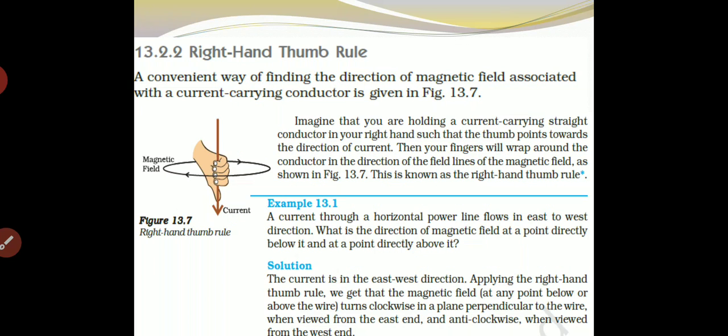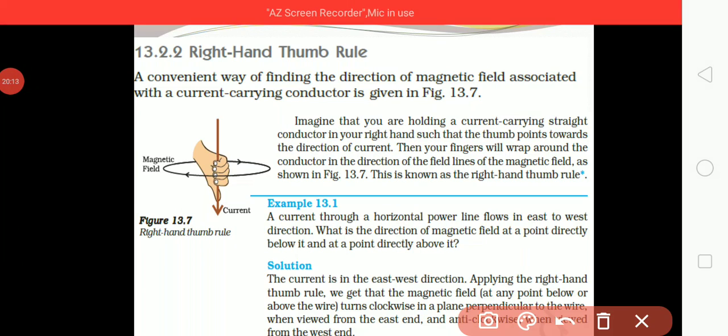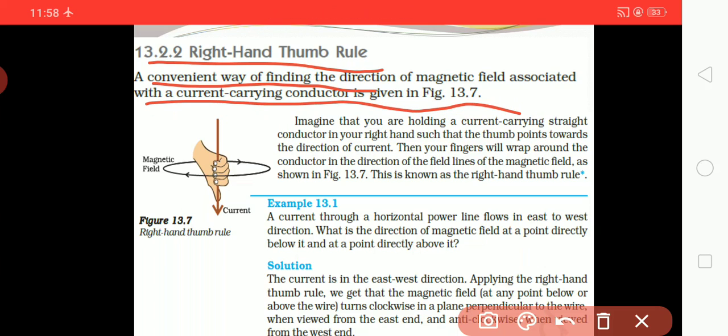So now the right hand thumb rule. It is a convenient way of finding the direction of a magnetic field associated with a current carrying conductor, as you can see in figure 13.7.